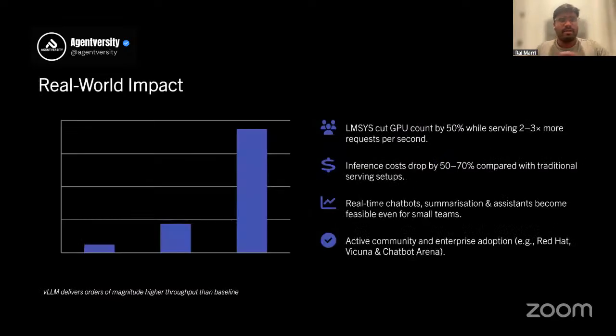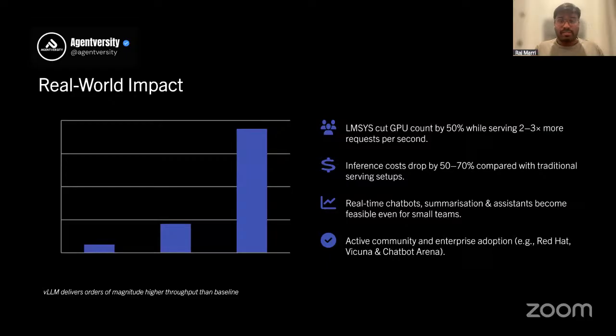And yes, vLLM is huge. You see a lot of benchmarks, like LMSys, which is basically a benchmark. It cuts the GPU count. It probably required twice as many GPUs to run that, and now it's reduced. It just requires 2 to 3.